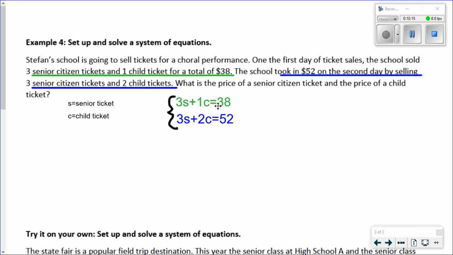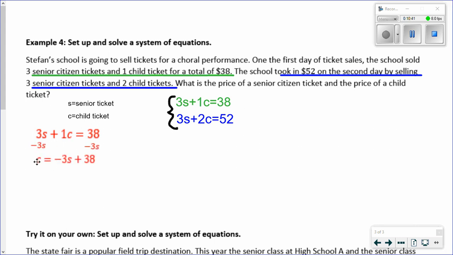Okay? Now I'm going to do this by substitution. Now, unfortunately, none of these variables are already set equal to. So I have to pick one to get by itself. And the one I'm going to pick is this 1c because it's only 1c. I don't have to worry about dividing by anything. Okay? So I'm going to get this 1c by itself. And I'm going to subtract 3s from both sides.